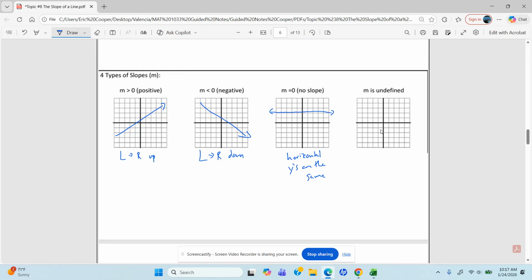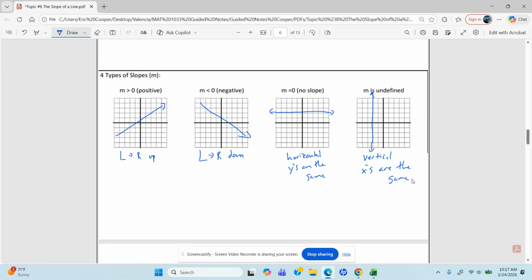The last one is the slope being undefined. The only way we get a slope being undefined is if it comes out to be a vertical line. So any vertical line will have a slope that's undefined. And the only way we get a vertical line is if x's are the same.